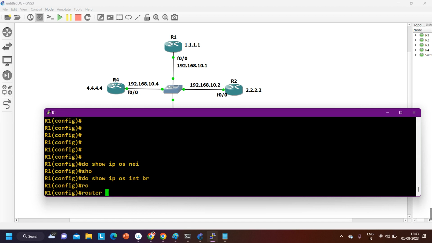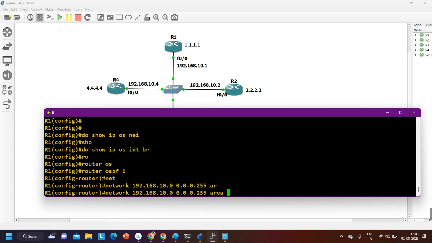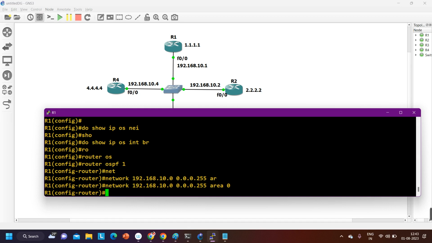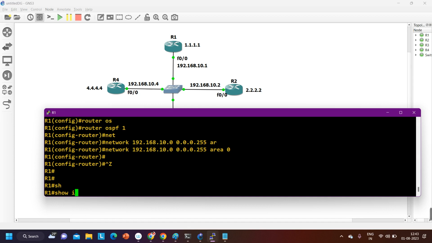Now I am going to run router OSPF 1 and network 192.168.10.0 0.0.0.255 area 0. I have enabled OSPF on router number 1 FastEthernet 0/0. And I am waiting for 40 seconds. So after 40 seconds, this router will declare itself as DR, because this time router 1 is not going to receive any hello message with a higher router ID. Getting my point?